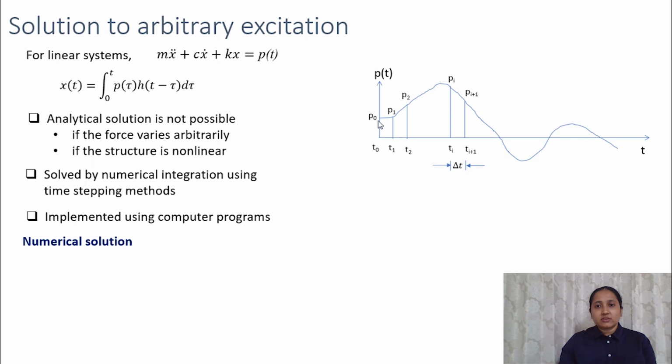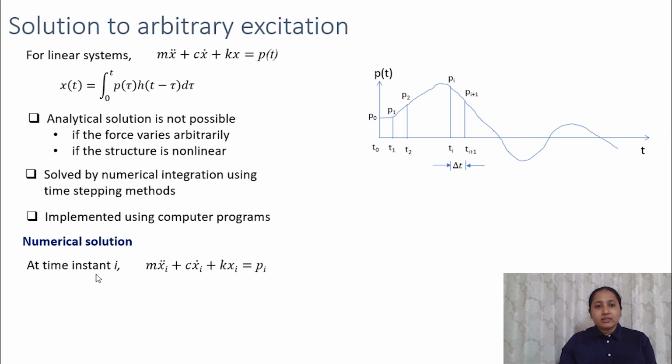So this forcing function P(t) can be represented as P0, P1, P2, etc., acting at t0, t1, t2, etc. At time instant i, that is when time is equal to t_i, we know the force as P_i. At time t_(i+1), the force is equal to P_(i+1).